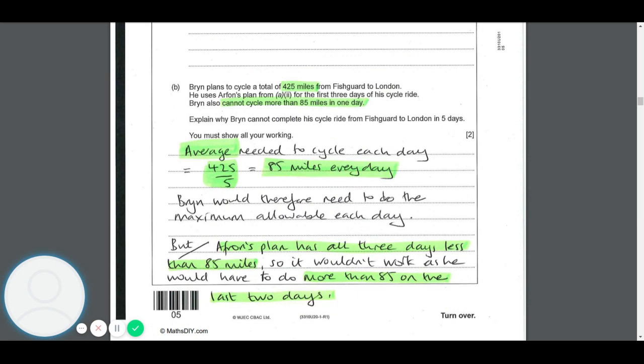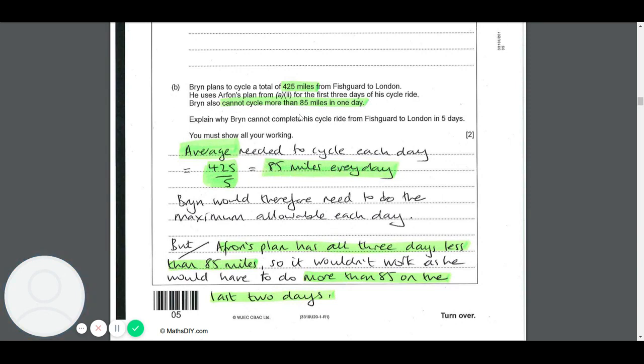He plans to cycle a total of 425 miles from Fishguard to London. He uses Arfon's plan for the first 3 days. He also cannot cycle more than 85 miles in 1 day. Explain why Bryn cannot complete his cycle ride from Fishguard to London in 5 days. So just divide 425 by 5, and that is exactly 85.